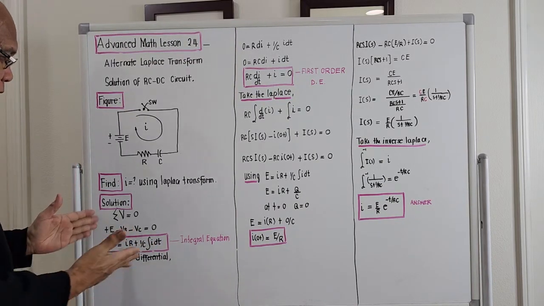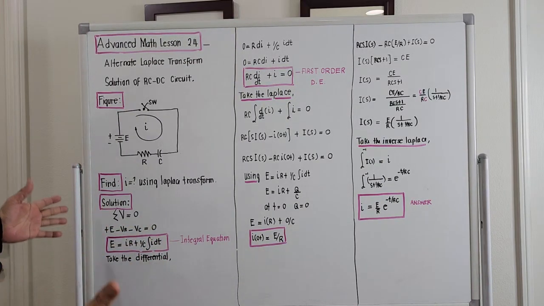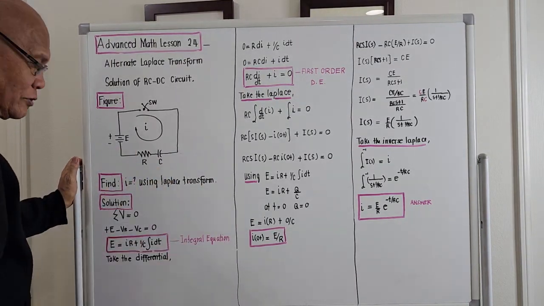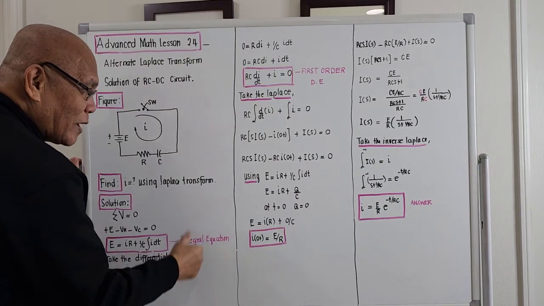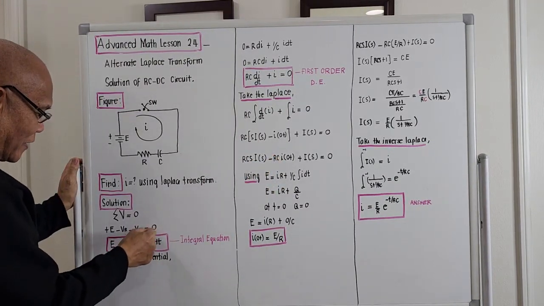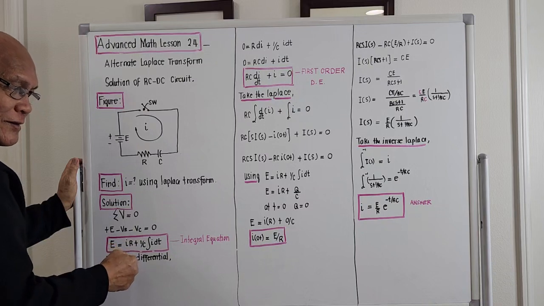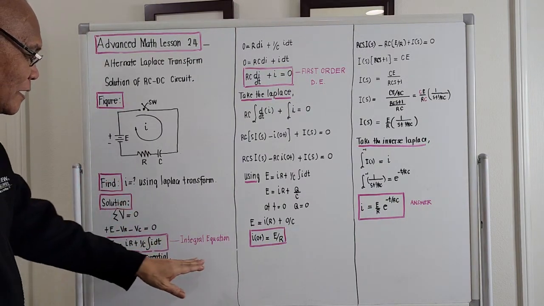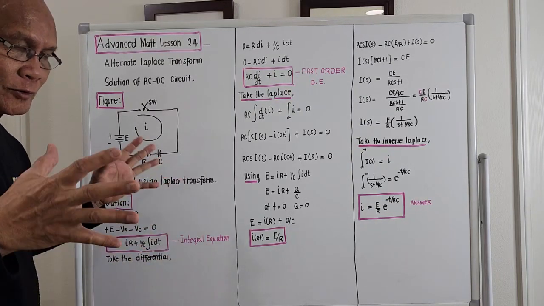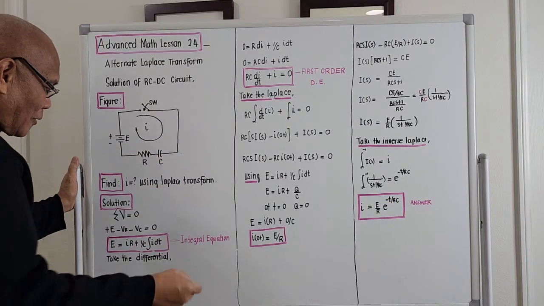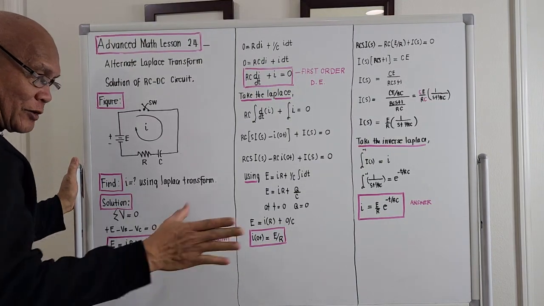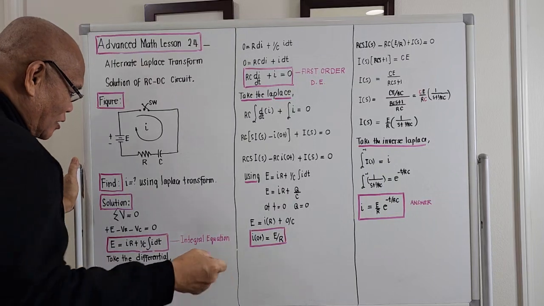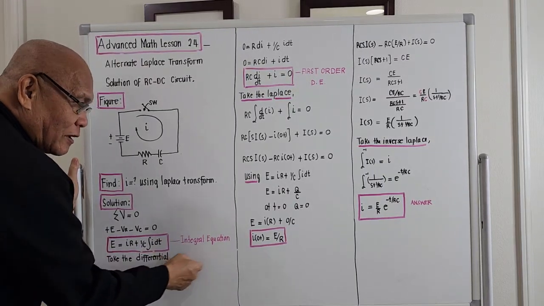So after taking the summation of the voltages, what comes out is not actually a differential equation. It is an integral equation. Why integral? Because we got the integral sign over here. In the previous solution, we solved this immediately as an integral equation.